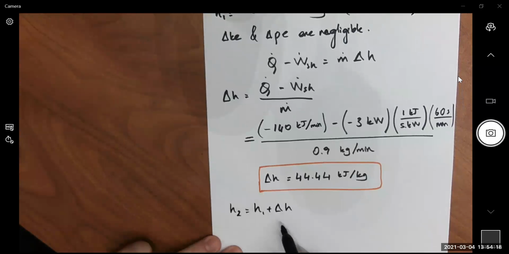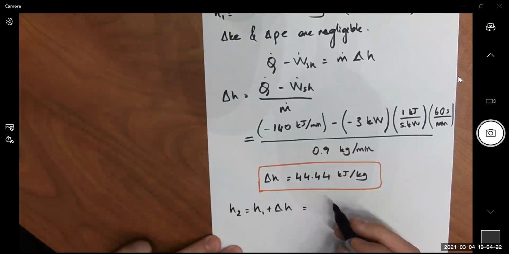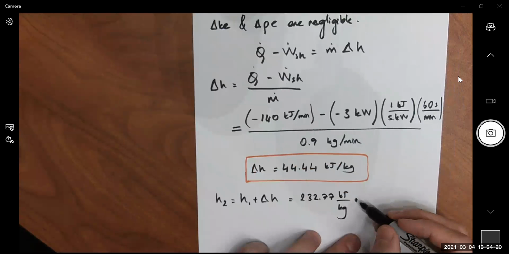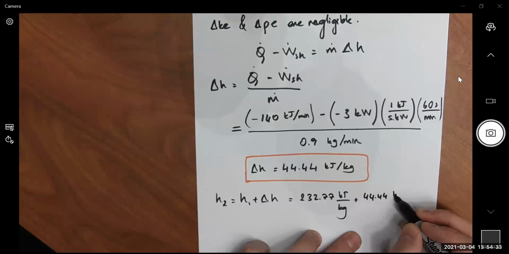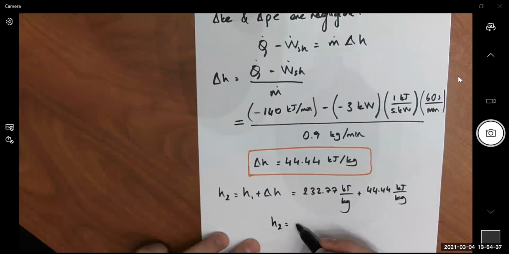Because delta H equals H2 minus H1. I know my H1. H1 is what? 232.77 kilojoules per kilogram plus 44.44 kilojoules per kilogram. So H2 will be 277.21 kilojoules per kilogram.